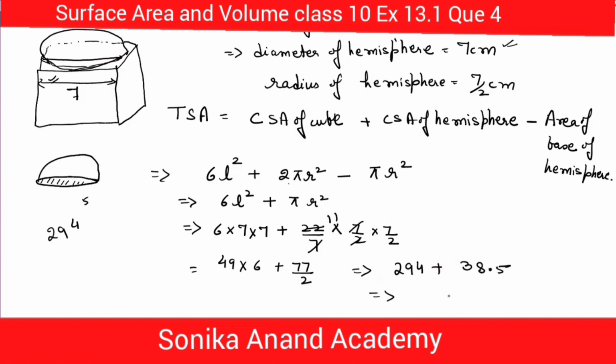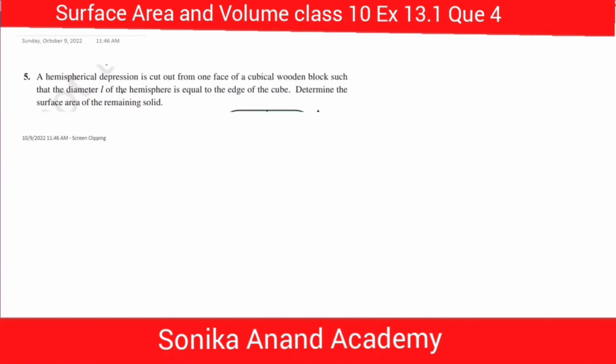Now we sum up both of them and we get 38.5. 0.5, 8 4 12, 9 1 10 3 13, 332.5. And this is centimeter square as it is the surface area.